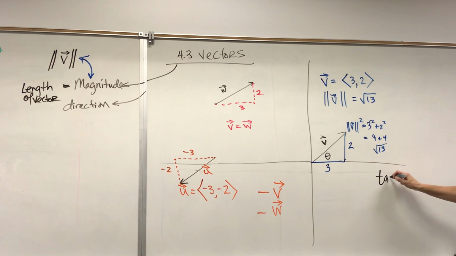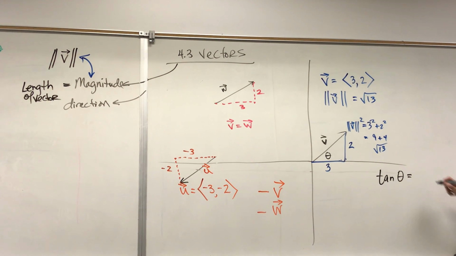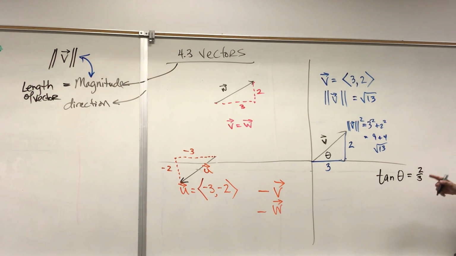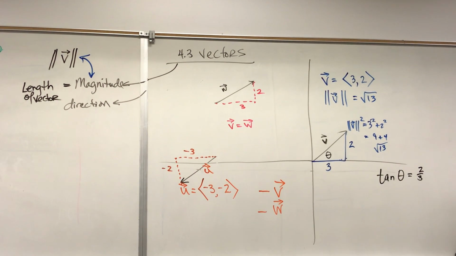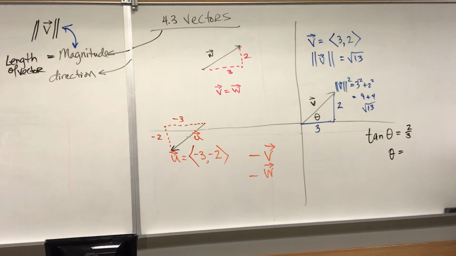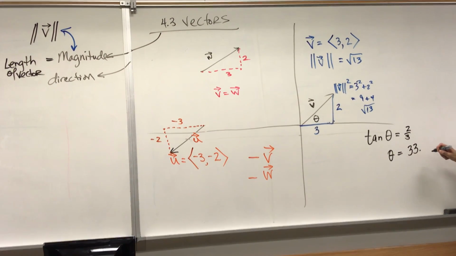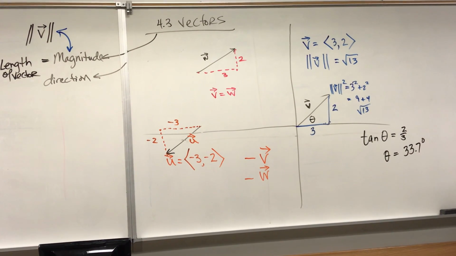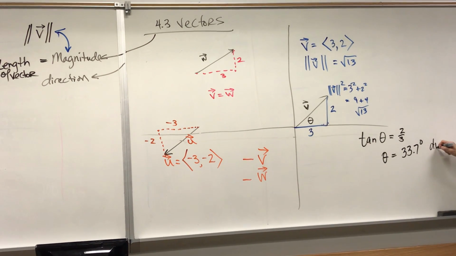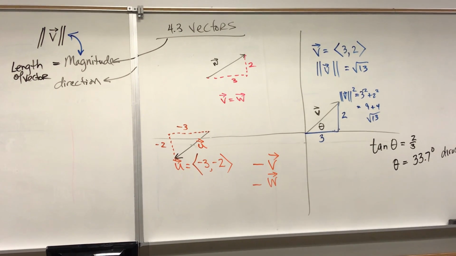The tangent of the angle theta that vector v is making with the positive x-axis is 2/3. We punch up the inverse tangent. Who's speedy fast on their calculator? 33.69. Okay. So this is the direction, and the magnitude. All right.